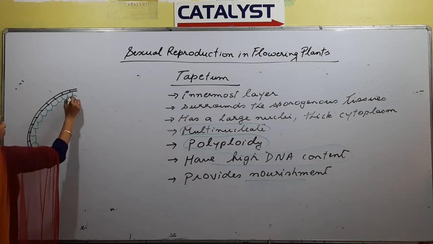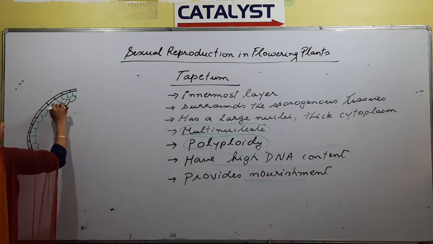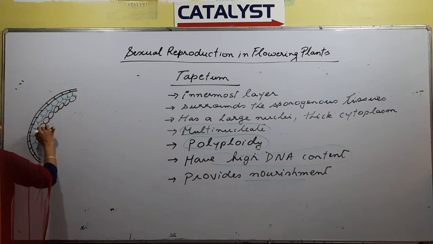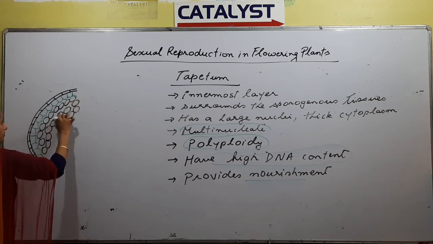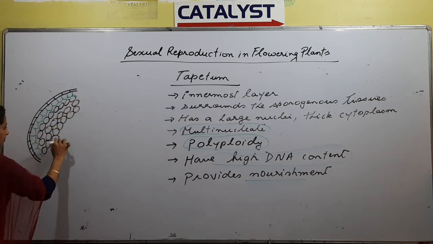loosely arranged parenchymatous cells. Or kiman layer? 2 to 3 layers. Right?